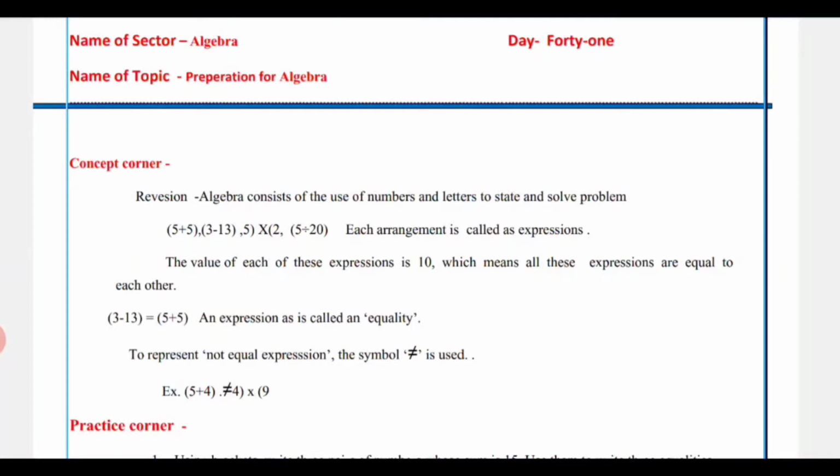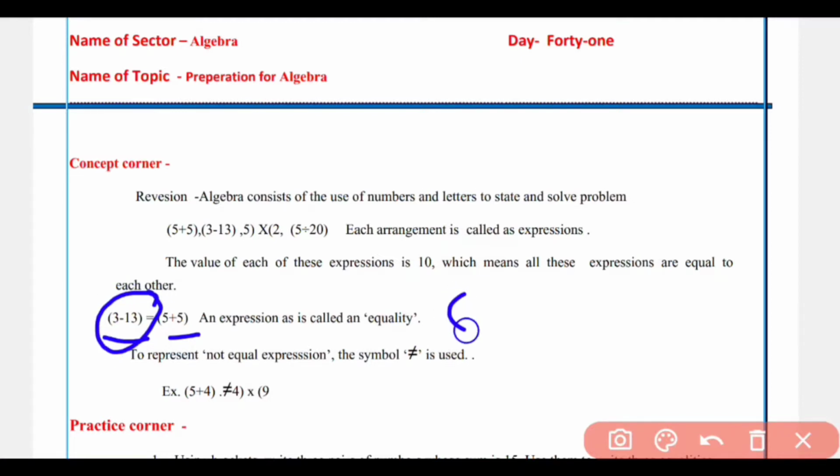So 13 minus 3 is equal to 5 plus 5. All these values are the same. Can we say that 3 minus 13 is equal to 5 plus 5? Actually, it should not be 3 minus 13, it should be 13 minus 3, because 13 minus 3 is 10, which will be equal to 5 plus 5.